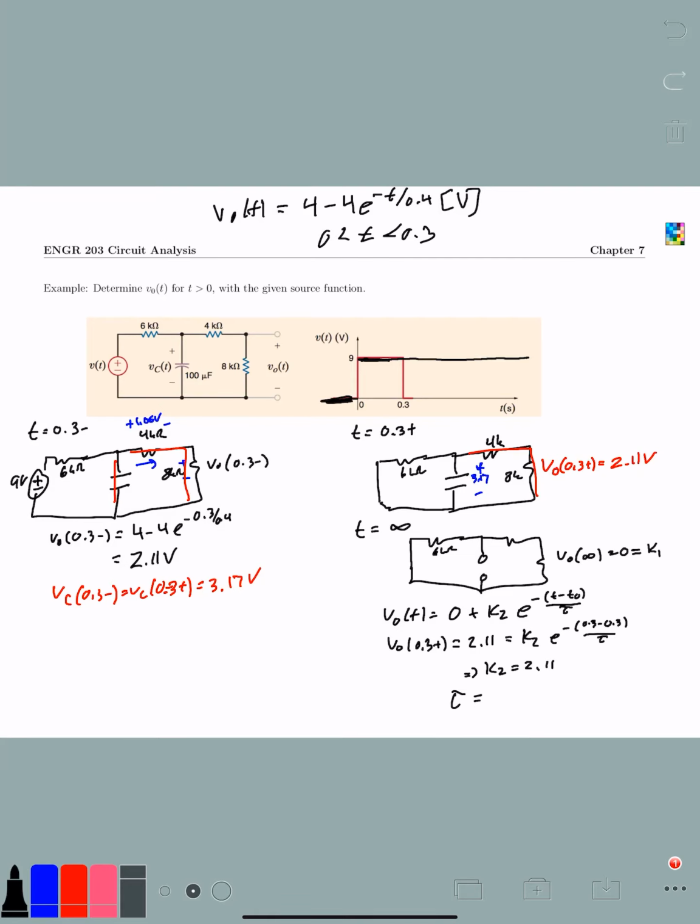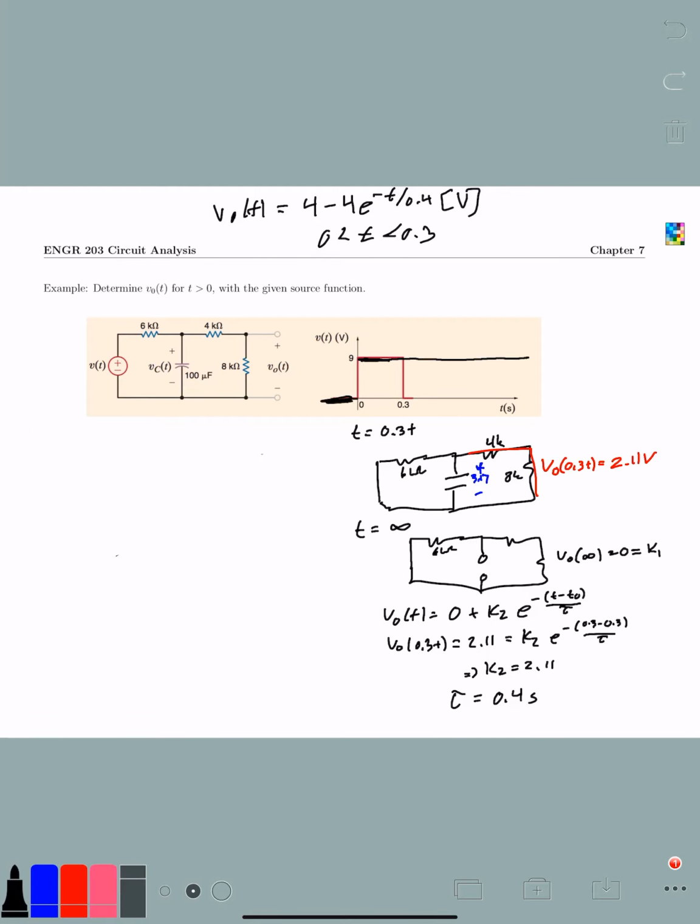My tau is the exact same thing it was before, because you still have the same R Thevenin in this case, and you have the same capacitance. And so what we can now do is write down our final answer as a piecewise function. It would be V0 of t. It's 0 for all the t's before the switch happens.